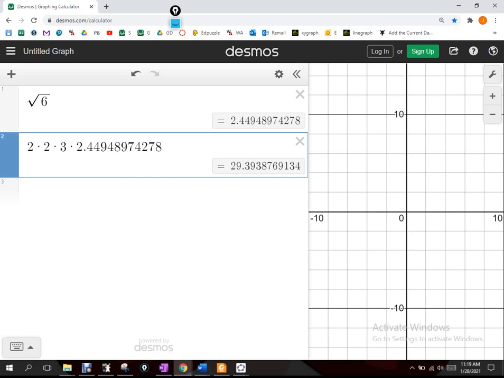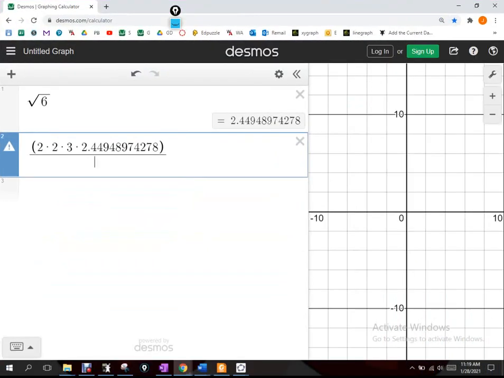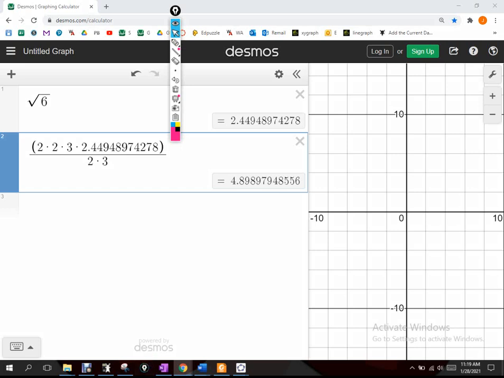Okay. On the bottom of the fraction, we had 6, right? And 6 is 2 times 3, correct? So do we see here that the reason we divided by 6 was that this 2 right here and that 2 right there, what's 2 divided by 2? 1, so they cancel out, right?